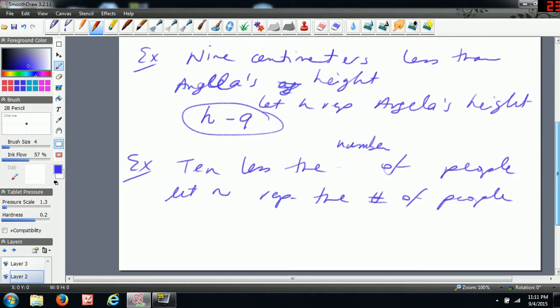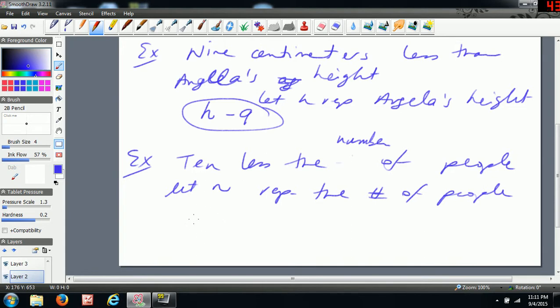Then 10 less the number of people is n minus 10. No, sorry, that's not correct. It's not n minus 10. This is 9 centimeters less than Angela's height, so it's Angela's height minus 9. But this is 10 less the number of people, so it's 10 minus n. Okay?